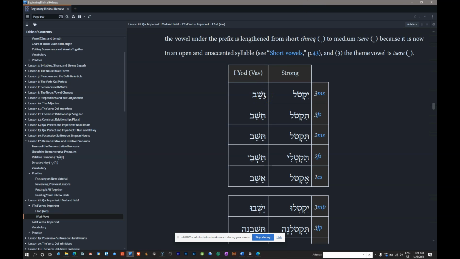And as a result, the prefix hirik, in order to compensate for the loss of that R1 letter, that first root letter, it's going to lengthen from a hirik to a sere. And then, in order to complement the lengthening, we're going to lengthen also our patak to a sere as well.